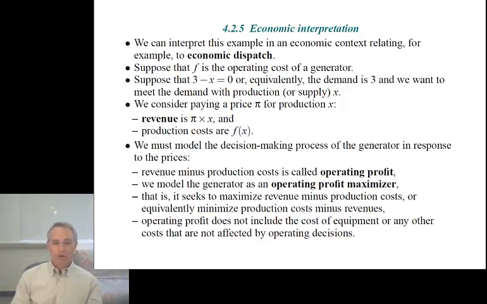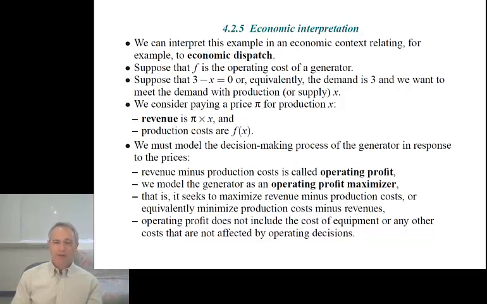We're going to model the generator as an entity that wants to maximize its operating profit. In other words, the generator we're going to model as an operating profit maximizer. That is to say, it will seek to maximize the difference between its revenue minus its production costs.